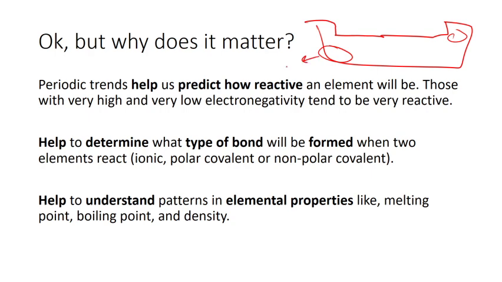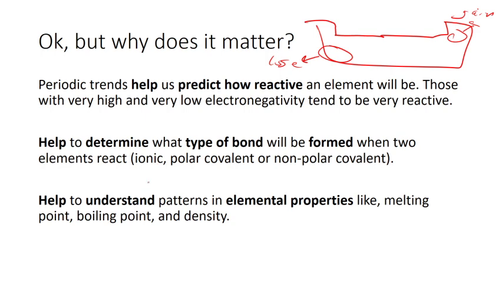Because these are going to want to lose an electron, and these over here, they're going to want to gain an electron or electrons. And so they tend to be extremely reactive, especially with each other or with something that's going to lose or accept an electron very easily.